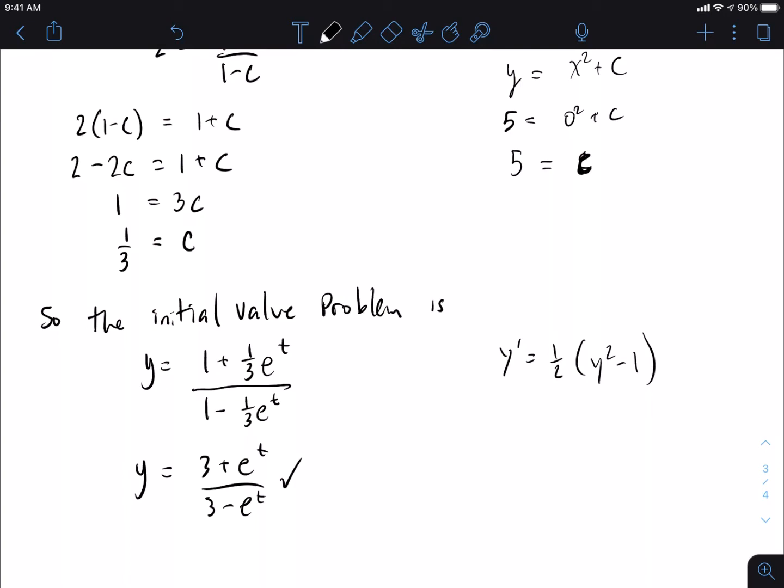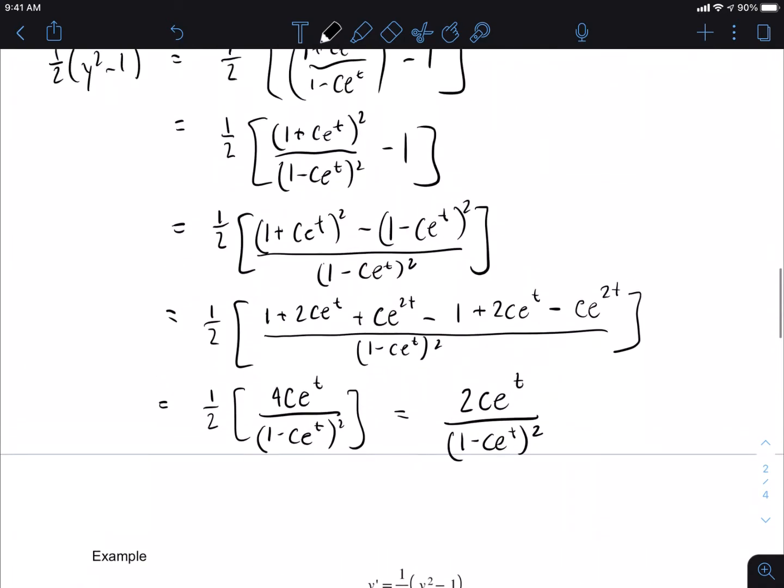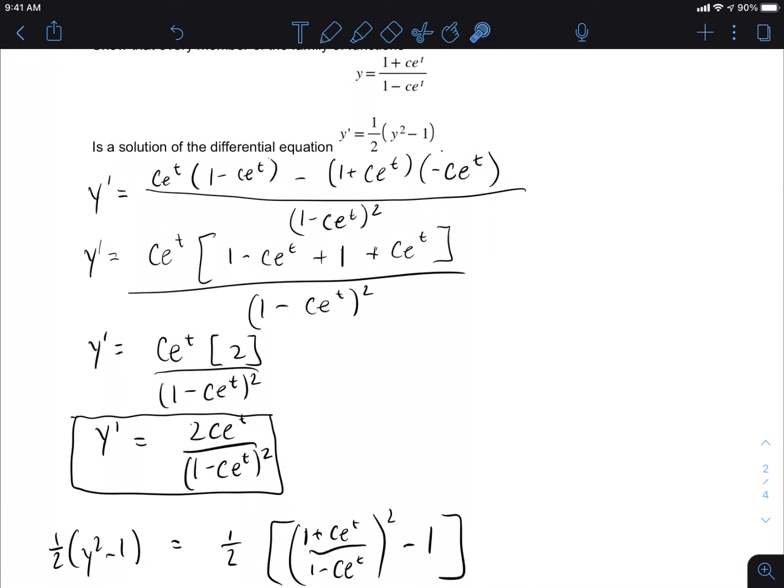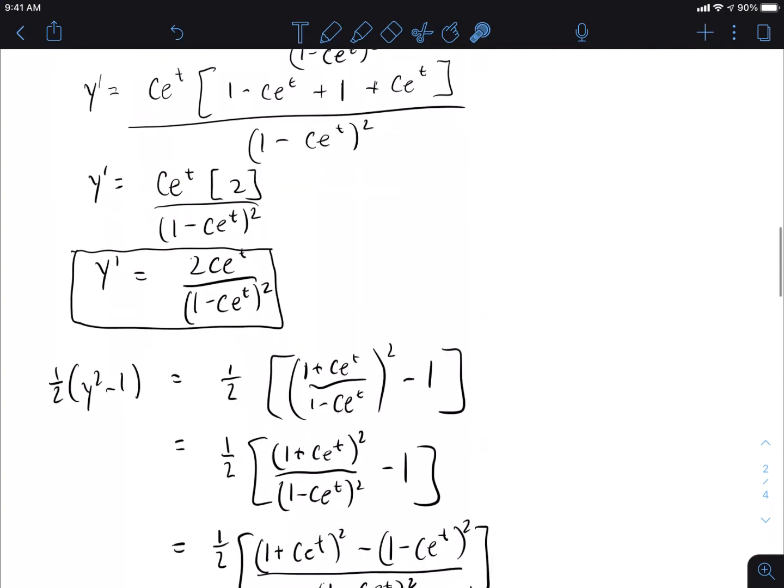Are we always going to be given the initial condition of the point, basically? Am I always going to give you the initial condition? No, I might ask you for just a general case, right? So like in that first example, if I had given you something like this and then said to take the integral of this to go back, without an initial condition, you could get back to here, but you wouldn't have the specific equation that I gave you.